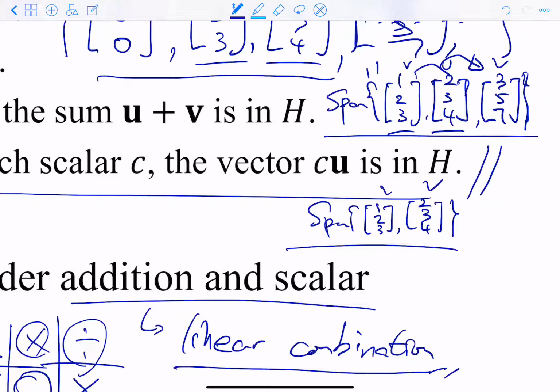So why is it so? 1, 2, 3 and 2, 3, 4 have different directions, okay? And their span will be this plane containing these two lines. But here the third vector of 3, 5, 7 is already included in our span, right? So even if we consider the linear combination of all these three vectors, that will remain just the same plane containing the first two vectors, right?